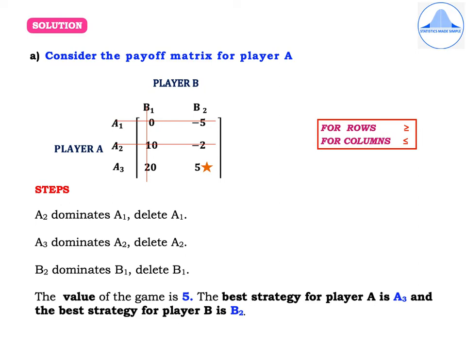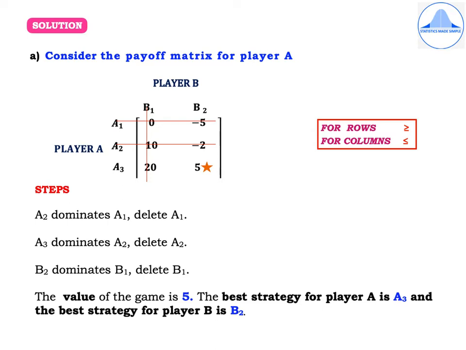Now the first step is you compare one row with the remaining rows, and then once we finish all the row comparisons, we move on to the column comparisons. So the steps are like this. First I'll compare A1 with A2, then A1 with A3.